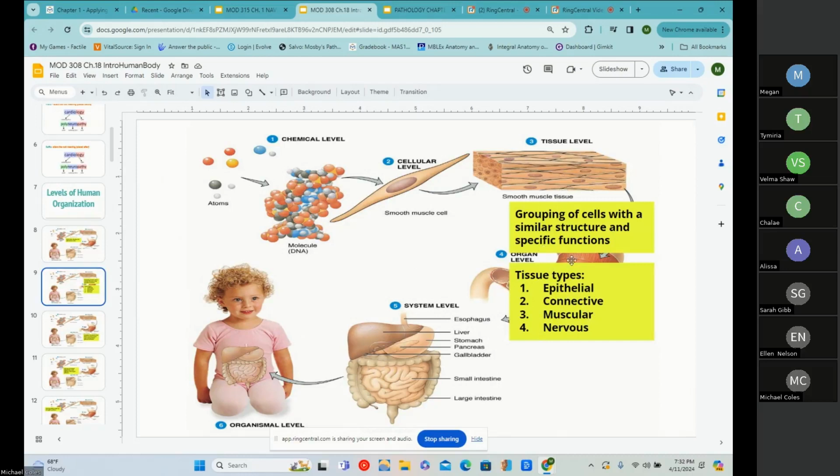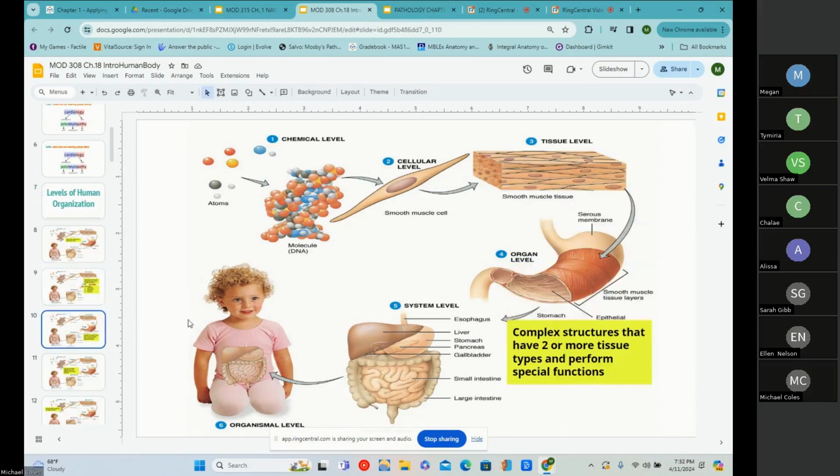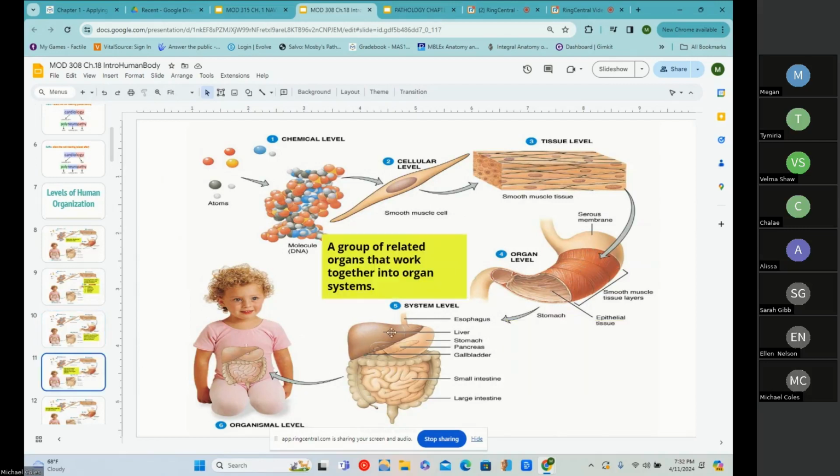Then when you have all of these tissues together, when they build upon each other, they then create a more complex structure, which is an organ system or an organ, right? And then you put different organs together, and then it turns into a system, an organ system.